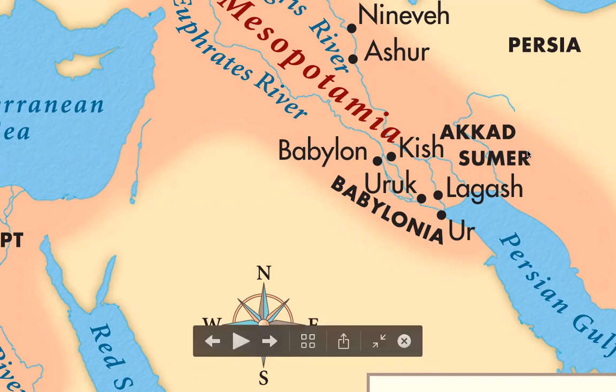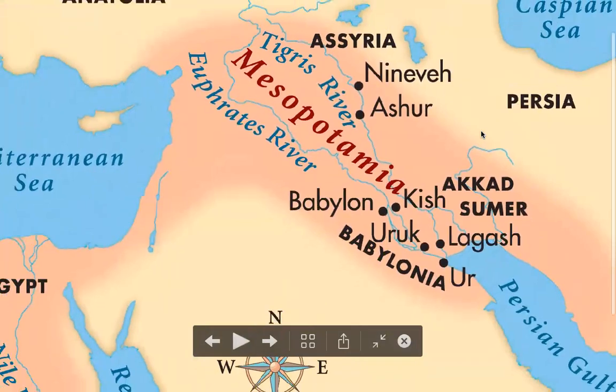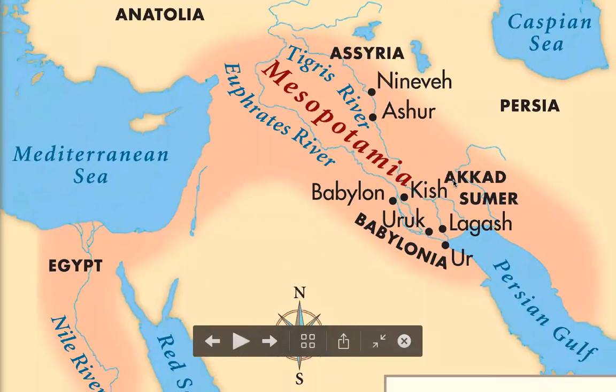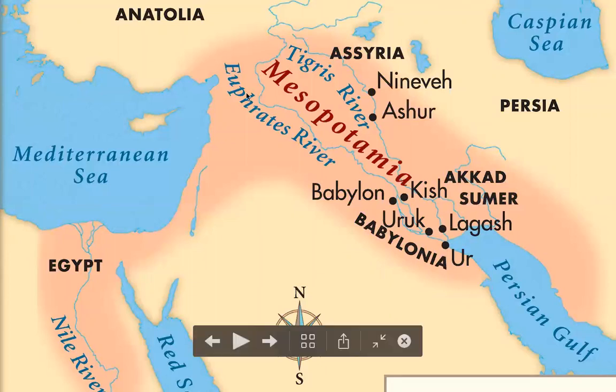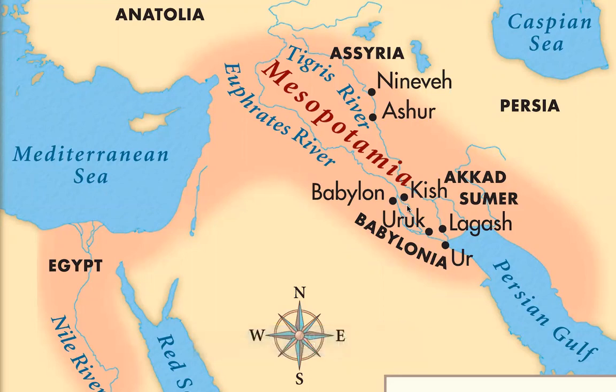So here, Sumer is the region we're talking about. Akkad is another name for this region at a different time. So they're putting all three of the names here that, generally speaking, at various times, it was named different things. And you see the Euphrates and Tigris rivers that are mentioned in Genesis very specifically.